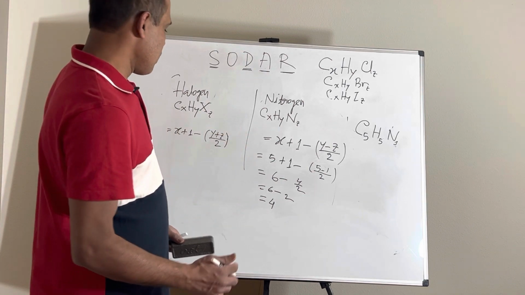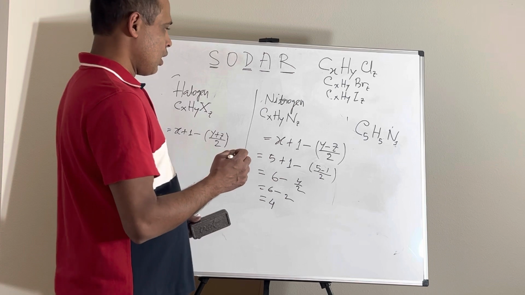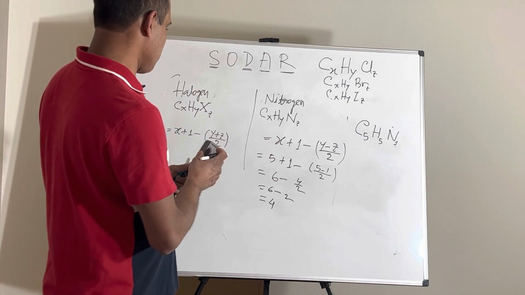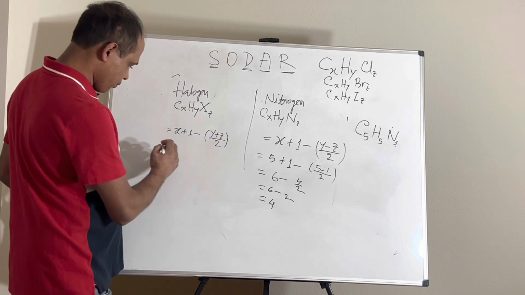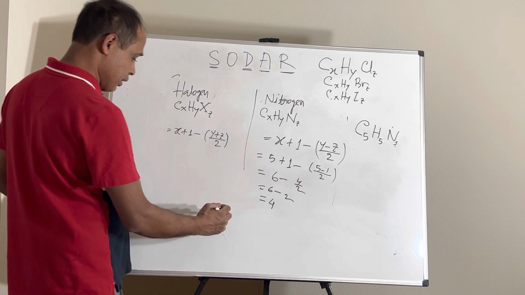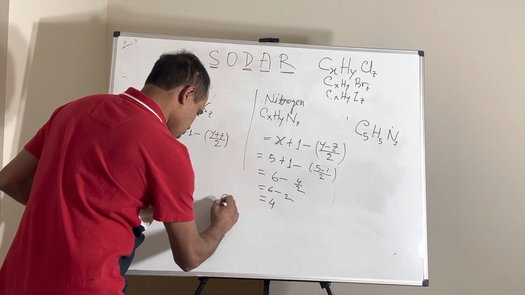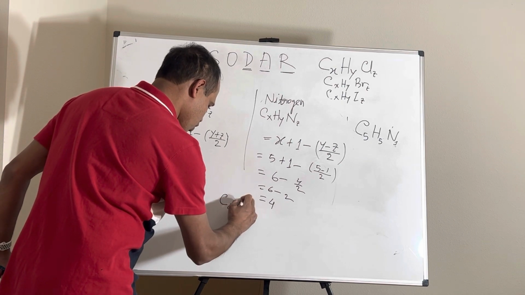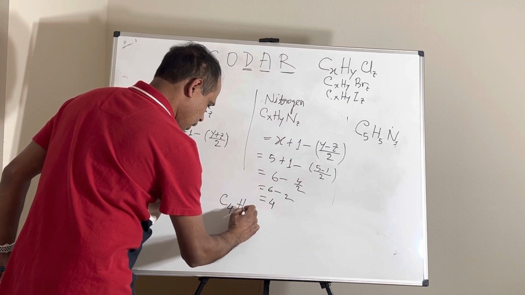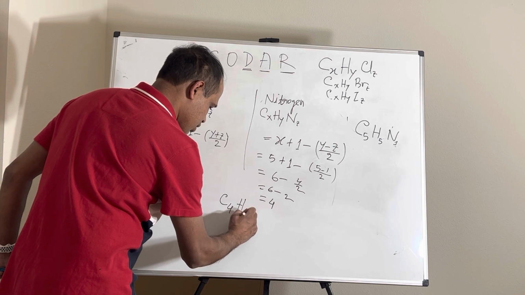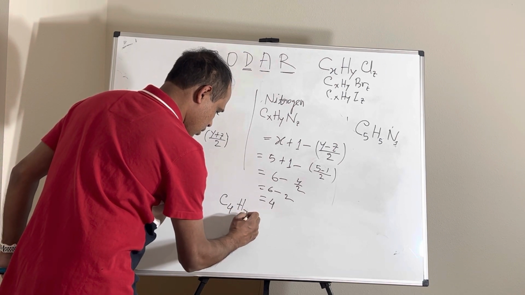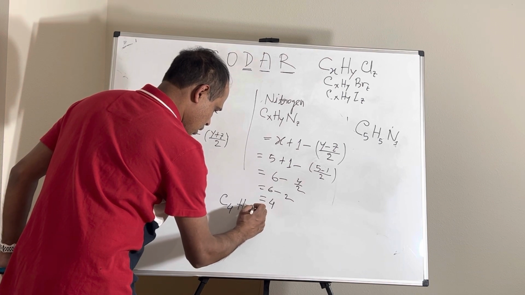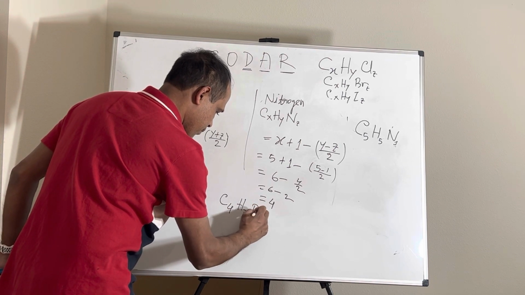Okay, so if we do for the halogen molecule, so now suppose your molecule is C4H7 and 1 bromine.